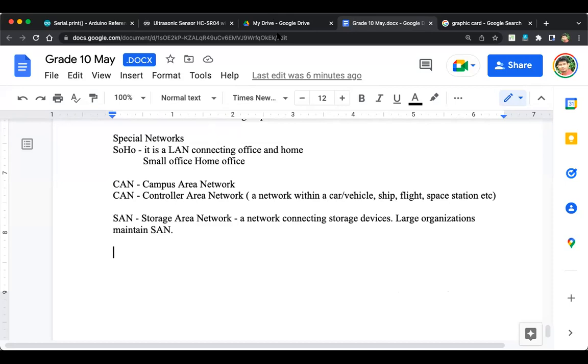For example, watching TV: whatever the broadcasting station sends can be received by the receiver, but the receiver will not be able to communicate back at the same time. That is called simplex, one way.